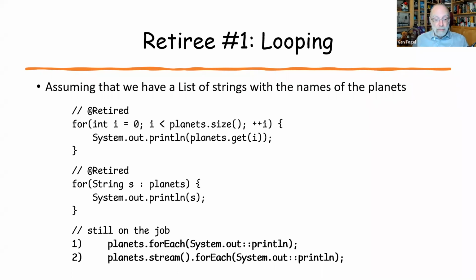But right at the bottom there, I should have made it bigger, are two modern ways to visit every element in a collection. We have our forEach, or we can introduce a stream between the collection and forEach. And in both of these cases, we're using functional notation to indicate what we want to do with each element.